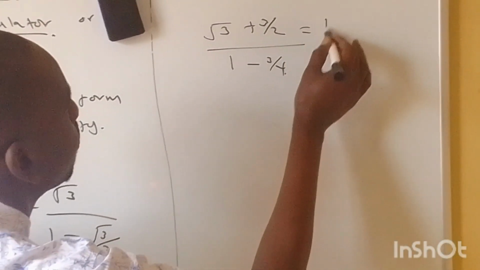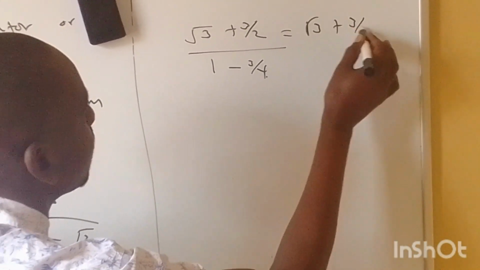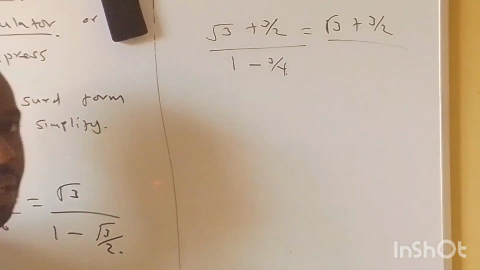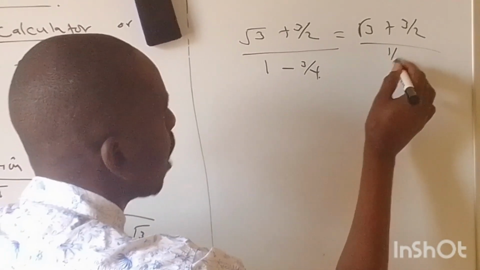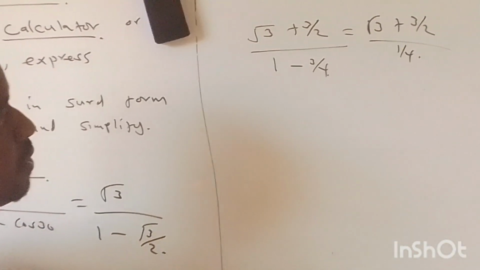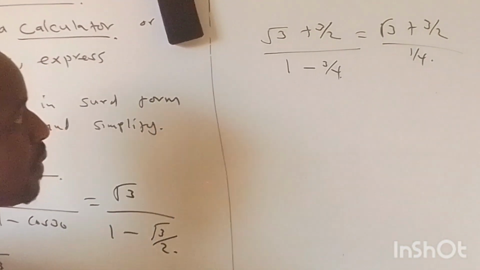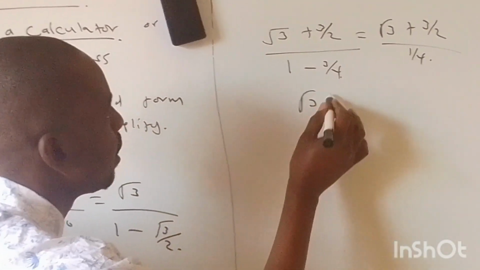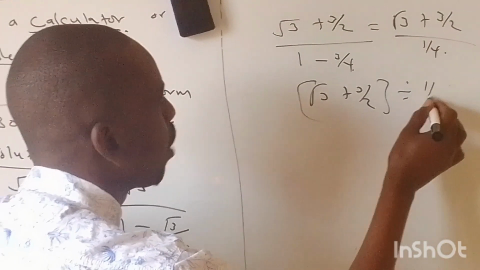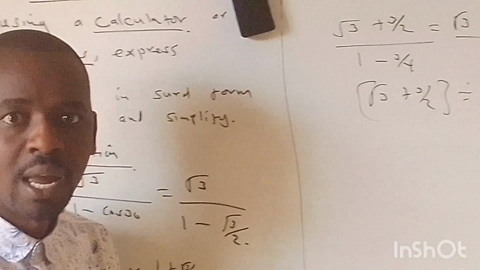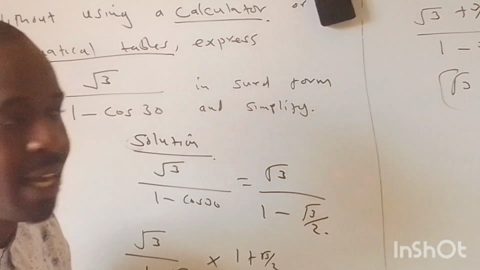So we have root of 3 plus 3 over 2 over 1 minus 3 over 4, which we get as a quarter. So root of 3 plus 3 over 2 simply means you are dividing by a quarter. And when you divide by a fraction, you multiply by its reciprocal.